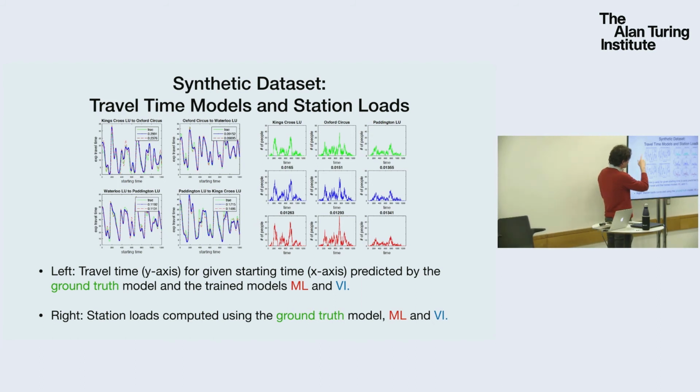These periodic shapes that you see there are just a way of reflecting that, because of the way trains are scheduled, we should observe some sort of periodicity. I'm not claiming this is realistic; that periodicity probably should be at a much higher frequency, given the time resolution you see there.